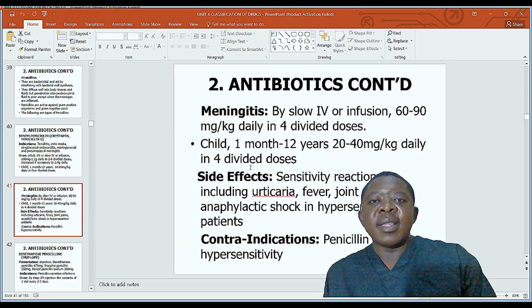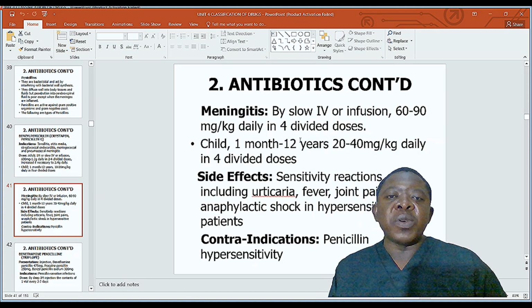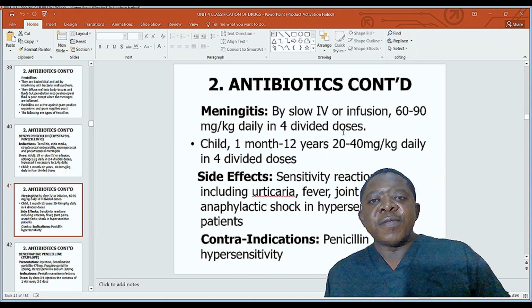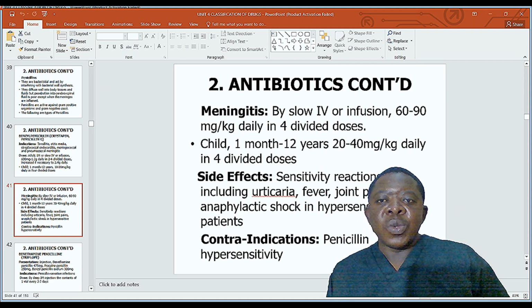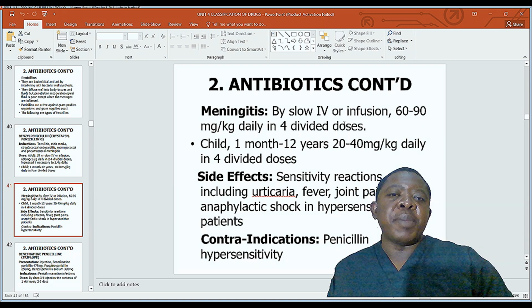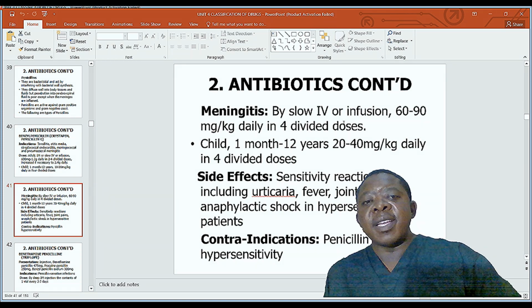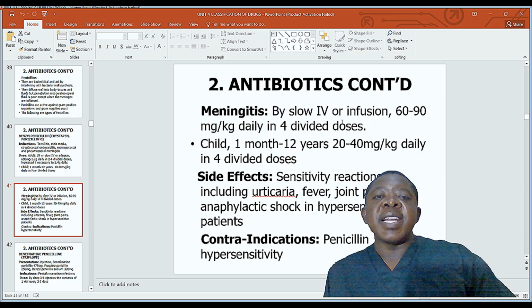Then in meningitis, you can give by slow intravenous or infusion 60 to 90 milligrams per kg body weight daily in 4 divided doses. For children, the doses may be similar, so you follow according to the pediatrician. But mostly it's given 20 to 40 milligrams per kg body weight in 4 divided doses.